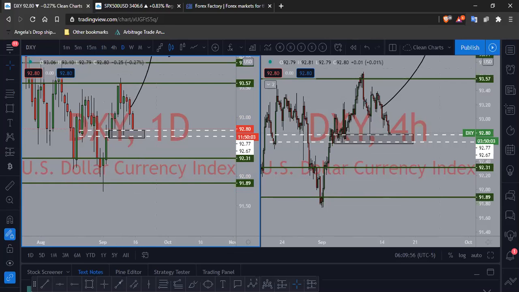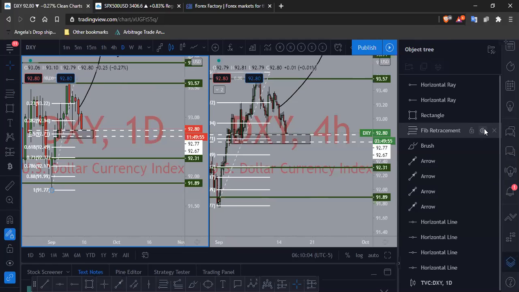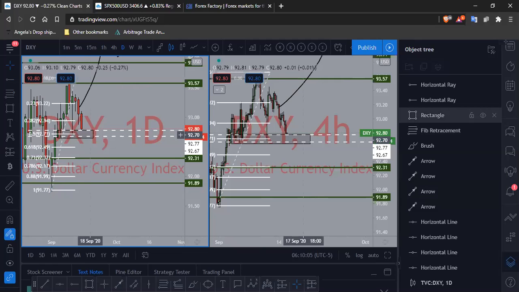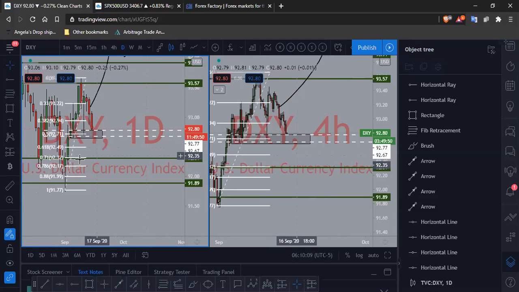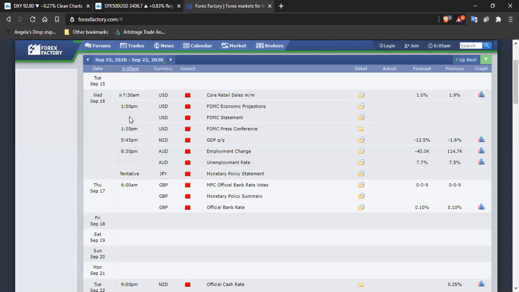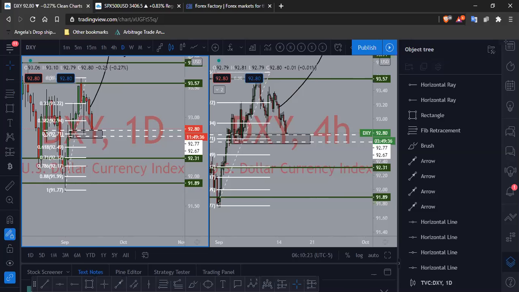Let me see if I have it on my object tree. Yes, exactly. I'm still looking at 92.32, but with FOMC about 6 hours away, I'm going to wait and see how price reacts before I make that decision.